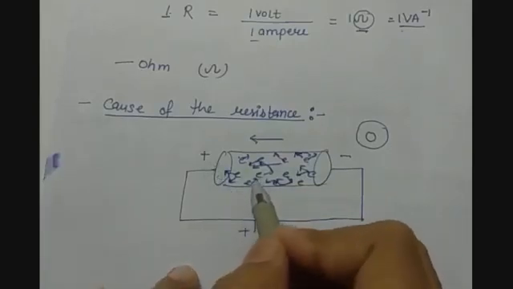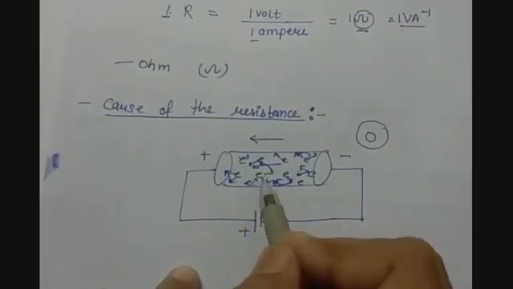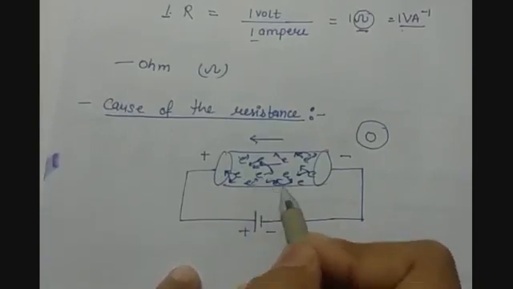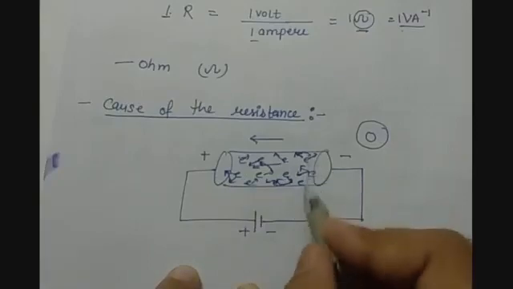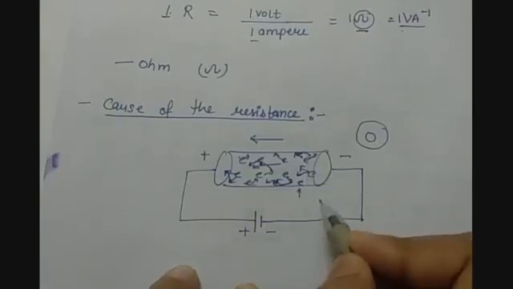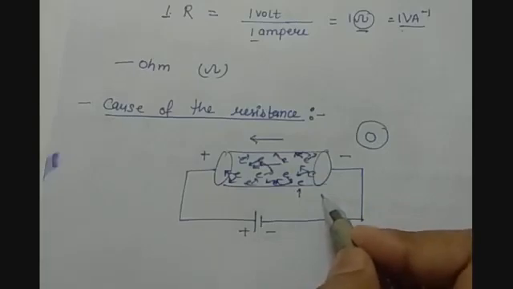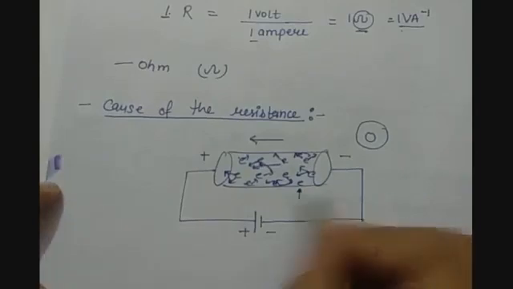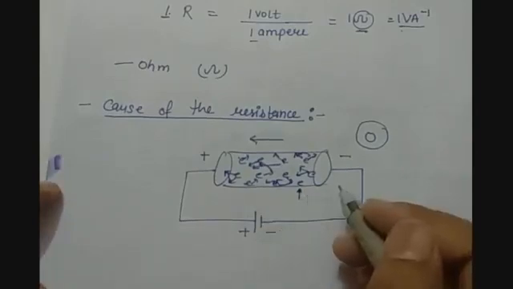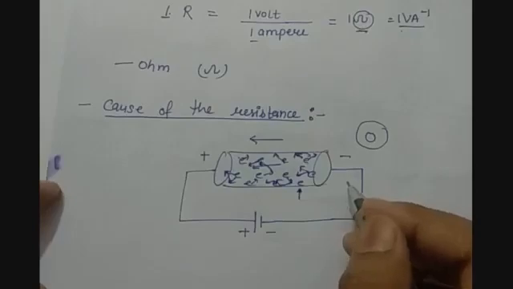And this is where the existence of resistance comes from. So this opposition is basically the property of the conductor by which it is restricting the flow of charge through it. So this is where the resistance comes from.